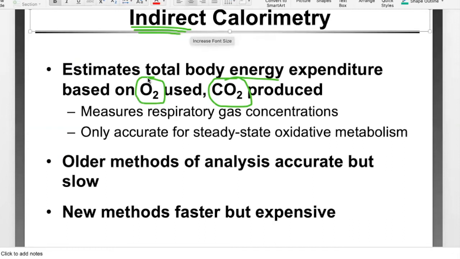So maybe what I can do is compare the amount of oxygen brought in with the amount of carbon dioxide produced as a measurement of my energy that's expended. And that is, in fact, what people do.